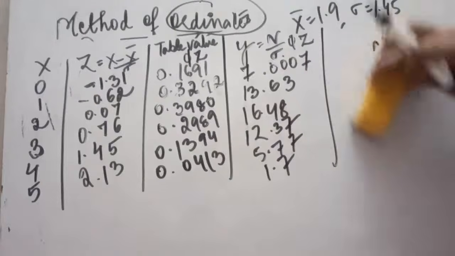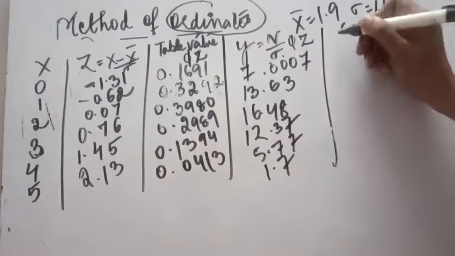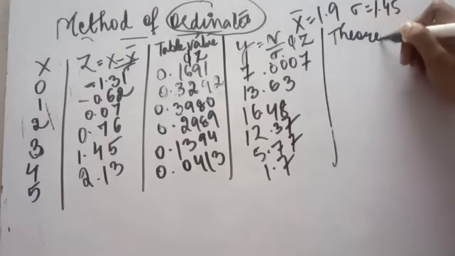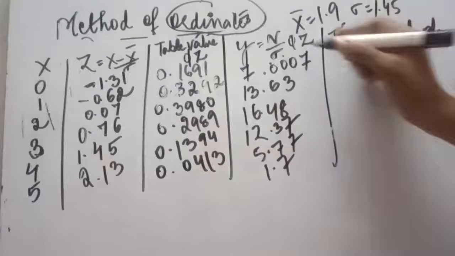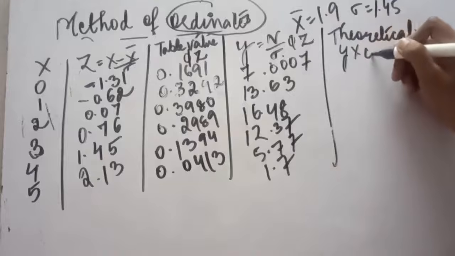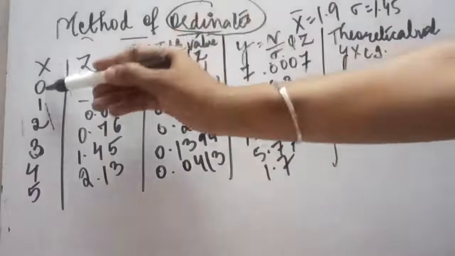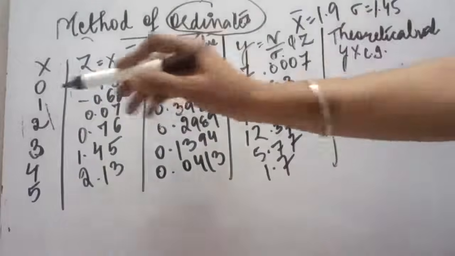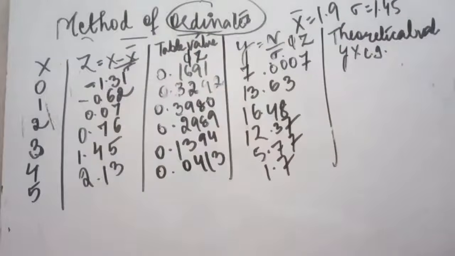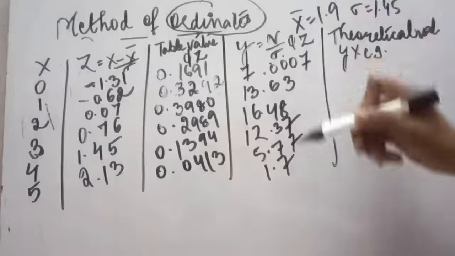Now the last column that we will prepare is our theoretical values, or we can say expected frequency. You can write theoretical frequency or expected frequency. The formula for this is y multiplied by class interval. Class interval means the difference between these classes. In this question the difference between the classes is 1, so we will multiply this with 1.